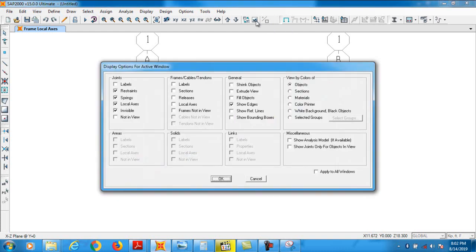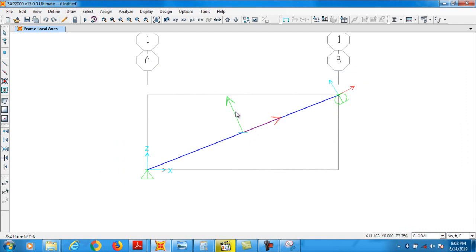You just click this button, and here you can see frame, cables and tendons. You press this local axis and OK. Your local axis will be right there, they will be shown there. So these are the local axes now of this line element.